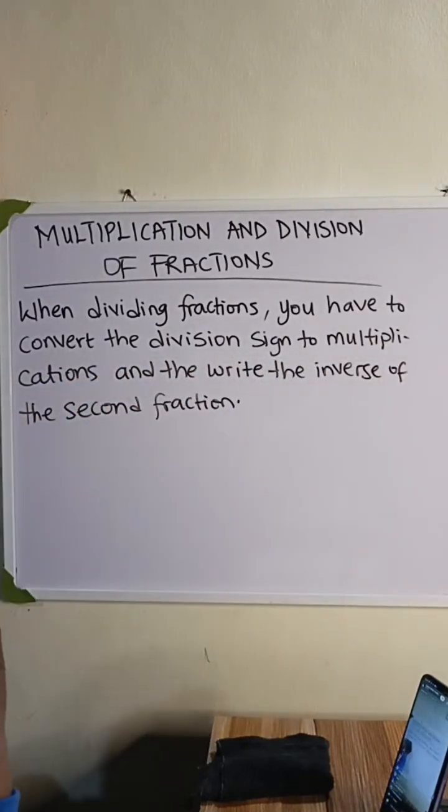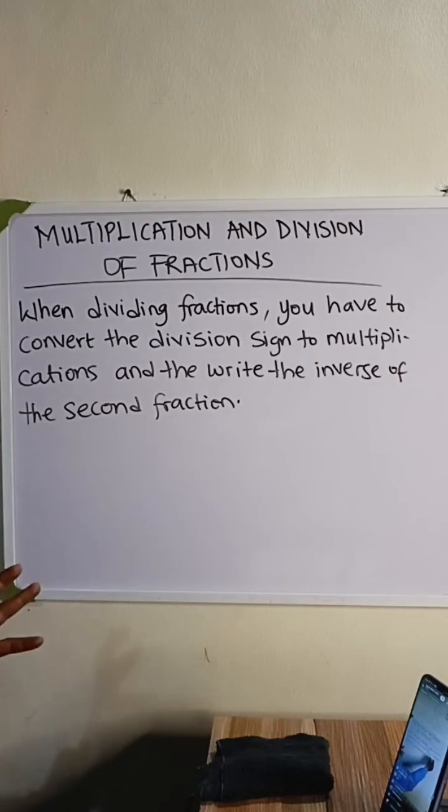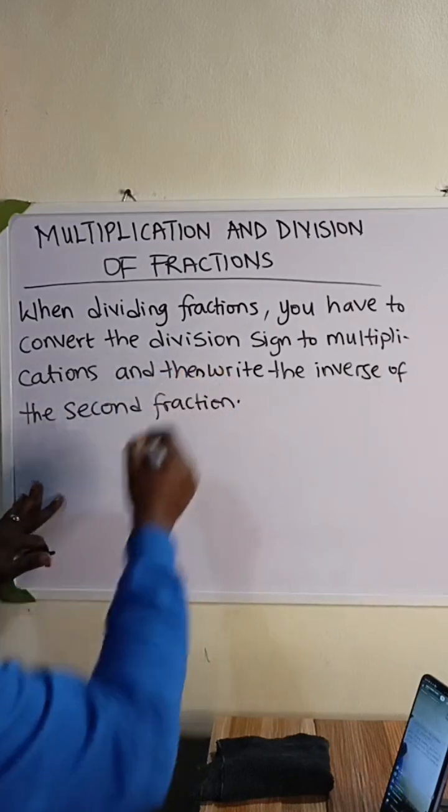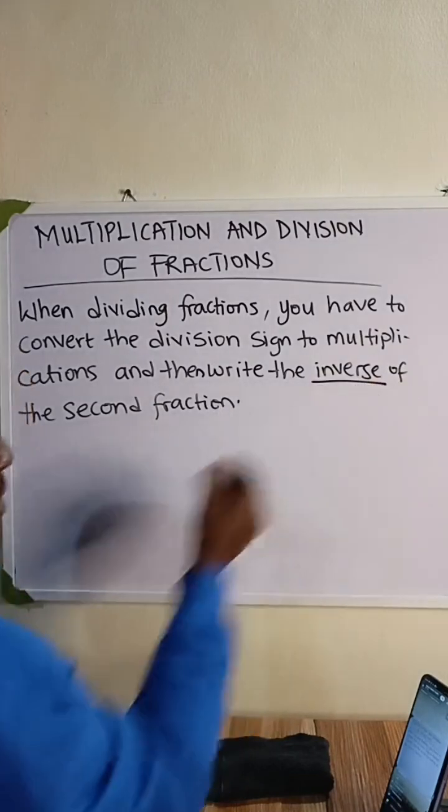So when dividing fractions, you have to convert the division sign to multiplication and then write the inverse of the second fraction. So what do we mean by inverse here?